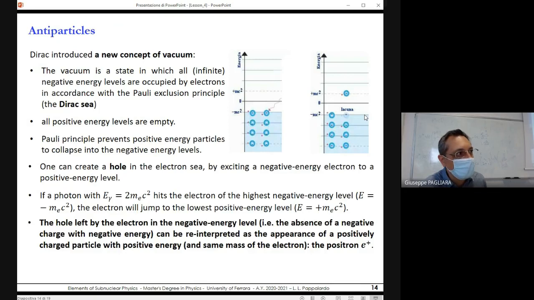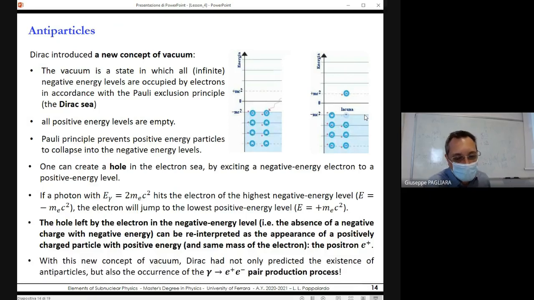So the idea of Dirac was that there must exist a partner of the electron, which is exactly the same, but with opposite charge, and of course, positive energy. And this was the prediction by Dirac of the positron, that, as you know, is the antiparticle of the electron. And of course, more in general, Dirac introduced the concept of antiparticles and so of antimatter. It was, of course, an incredible view he had.